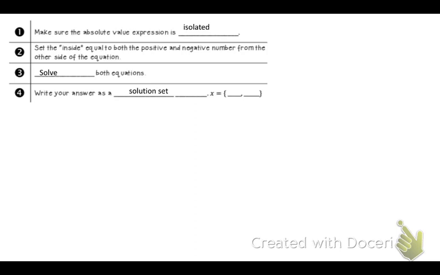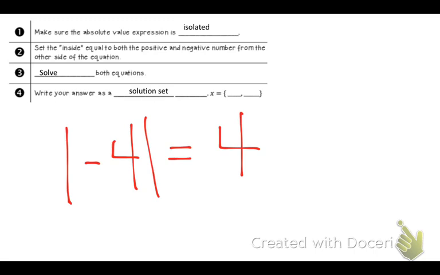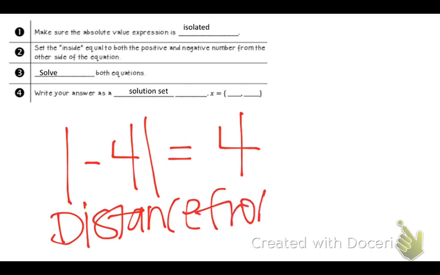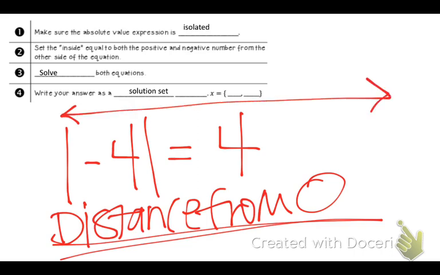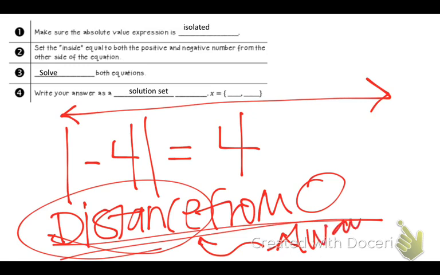So if you have an absolute value, say the absolute value of -4, that's going to equal 4. Absolute value is always the distance from 0 when you're working with numbers. So if we think about a number line, distance always has to be positive.